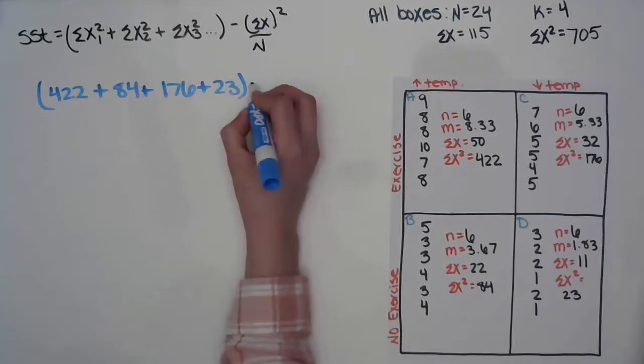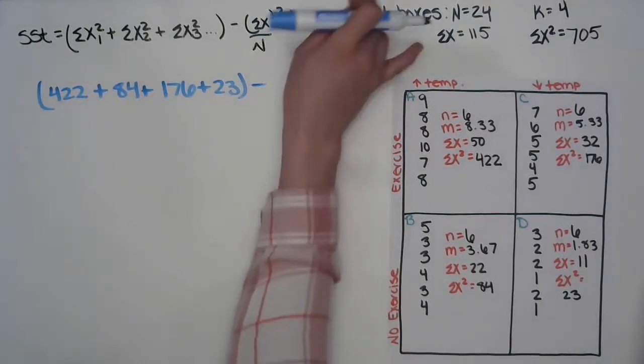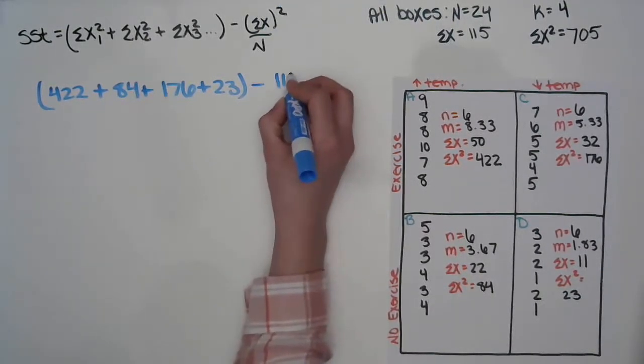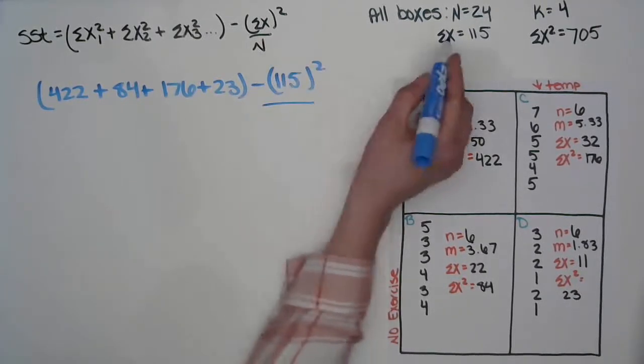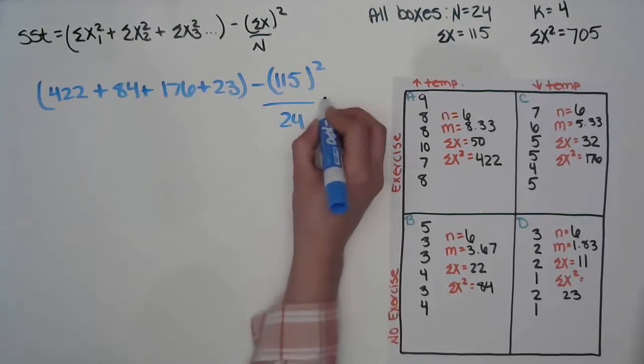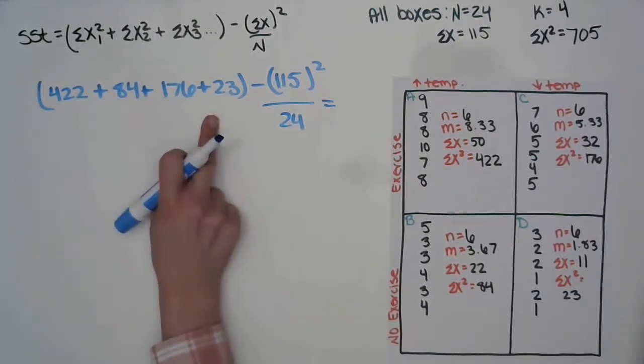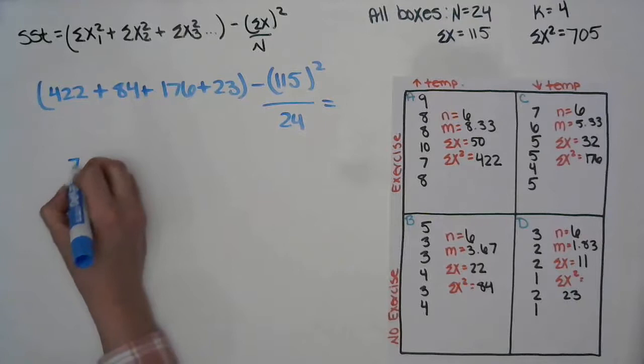Then we're going to subtract our sum of squares value, which is right here: 115, squared, over our large N value of 24. Adding all of those up gives us 705.